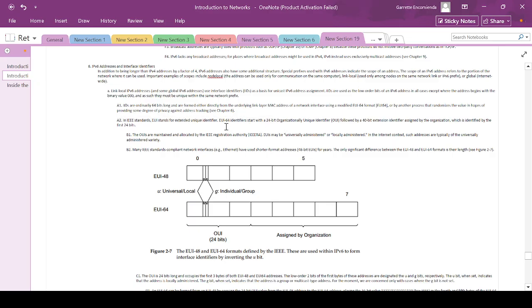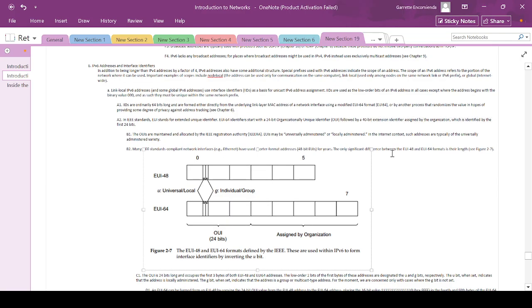So this EUI-64 identifier used to convert to IID starts with a 24-bit organizationally unique identifier followed by a 40-bit extension identifier assigned by the organization, which is identified by the first 24 bits.